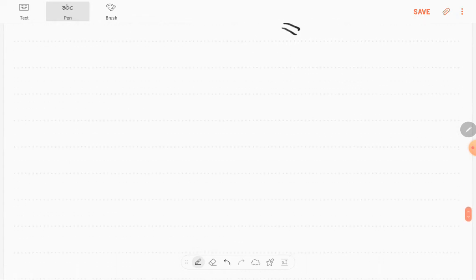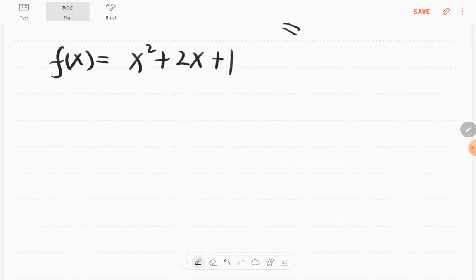So for example, if you have f of x equals x squared plus 2x plus 1, right? And here n equals 2.